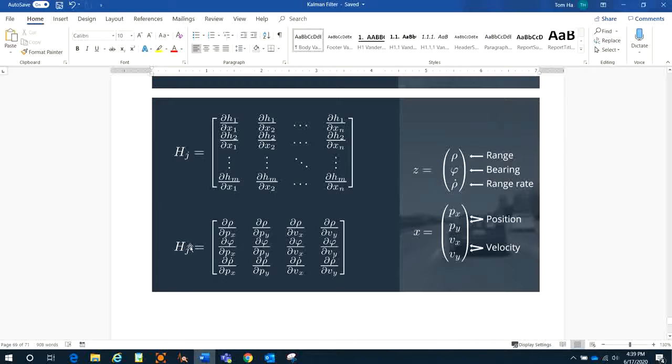So how do we do the Jacobian right here? The Jacobian has three rows: rho, phi, and rho dot. We take the derivative of rho with respect to px, py, vx, vy, so we have three rows and four columns. We take the derivative of rho with respect to px, py, vx, and vy. In a similar way, we take the derivative of phi with respect to each variable. So we have H, the measurement function.